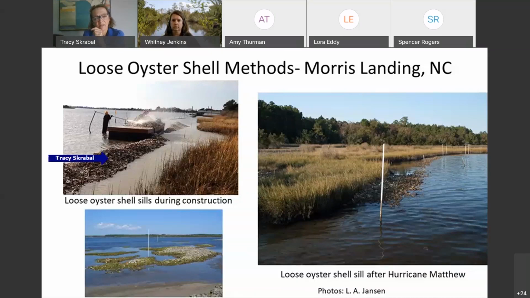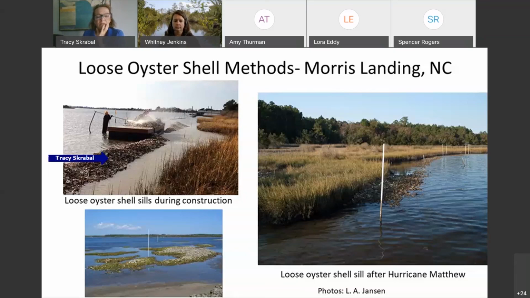He put this structure in place close to the shoreline, but we knew that Mother Nature was going to come along and redistribute that shell and take some of the elevation out, spreading it out so that it would form that substrate for significant oyster attachment. This is Stump Sound, so some of our highest quality oyster waters in the state. We knew we would get a nice larval set, and we did.